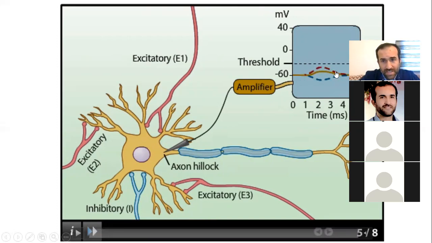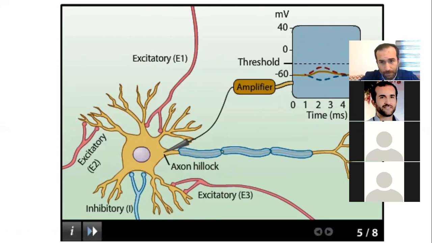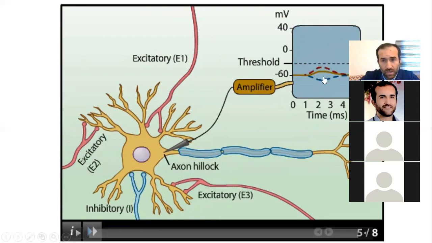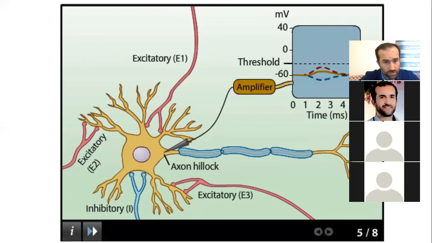Since this summation is a summation of an amplitude of positive value and another which is a hyperpolarization of negative value, their summation will subtract the values from each other to give us this small EPSP that is surely lower than the threshold and that will not make an action potential.